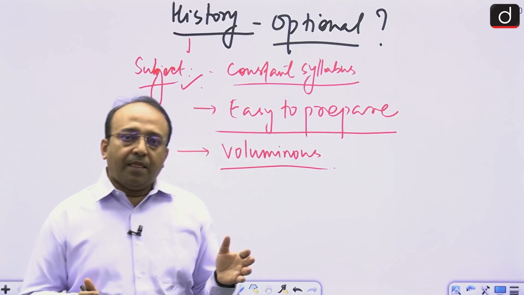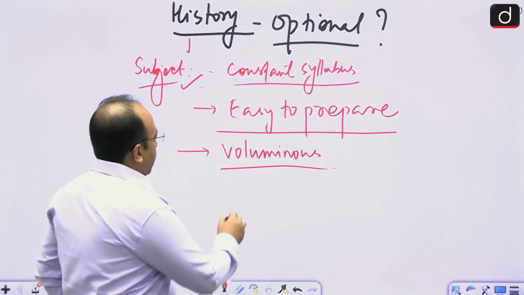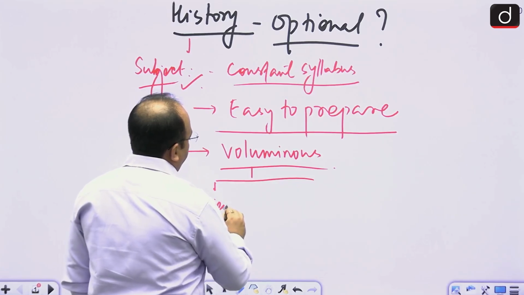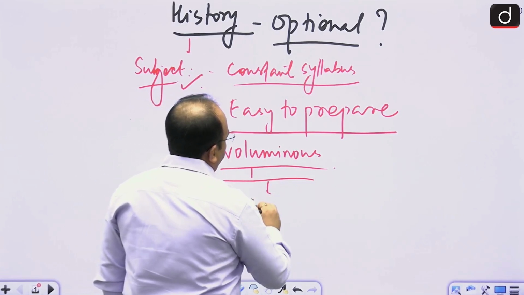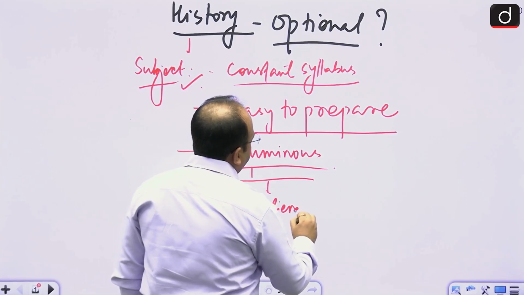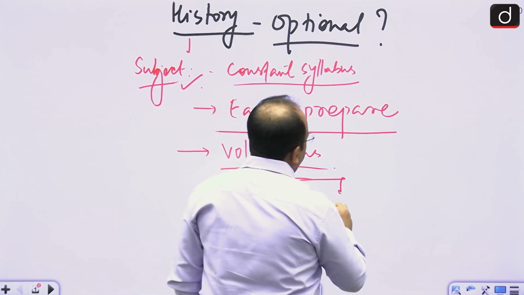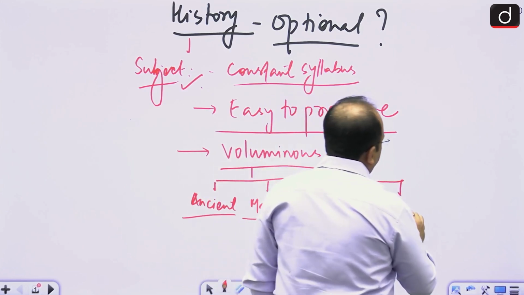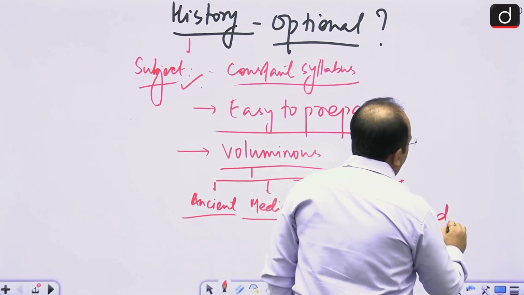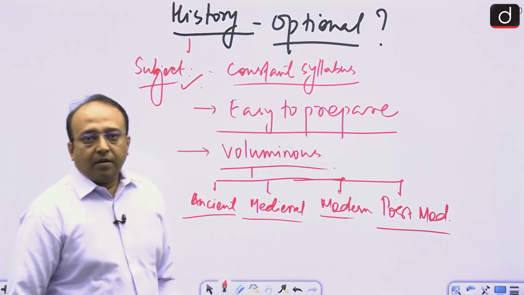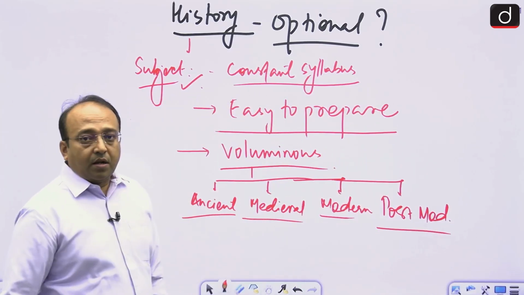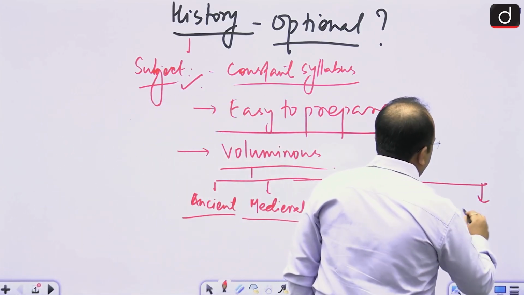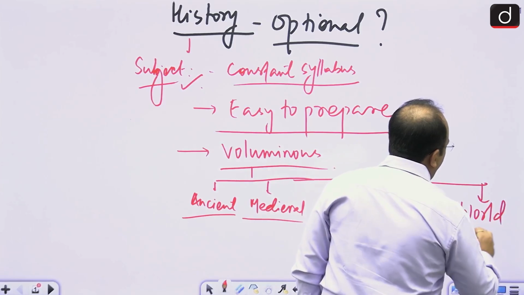So, in a nutshell, you are supposed to prepare the syllabus of ancient, medieval, modern and post-modern era. Besides all these, you are also supposed to prepare the syllabus of even world history.